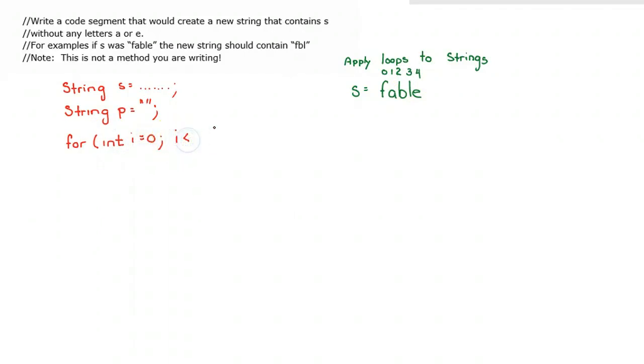And I'm going to say I is less than. Now, let's imagine that S held the word fable. We're going to say I is less than 5. I'm going to come back and change this in a moment or two. But for now, we'll just do this. And then each time, I'm going to increase I by 1. So it's important to kind of talk about that. If I wanted to evaluate every second letter, I would say I is equal to I plus 2. 0, 1, 2, 3, 4.